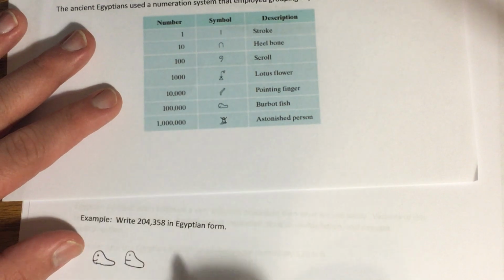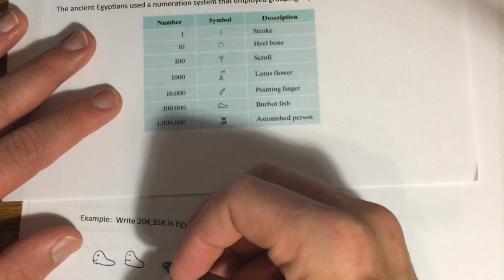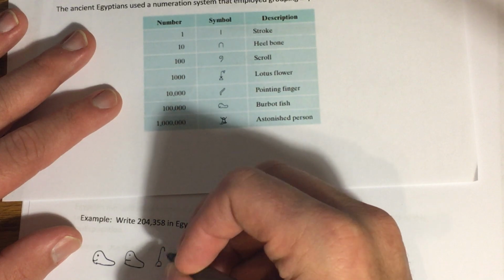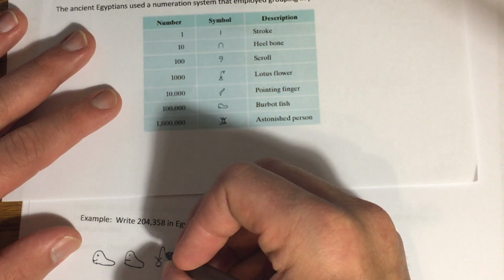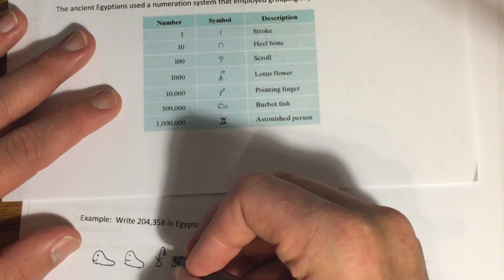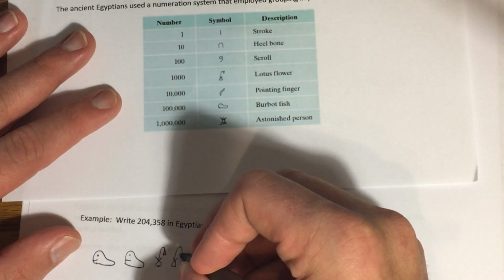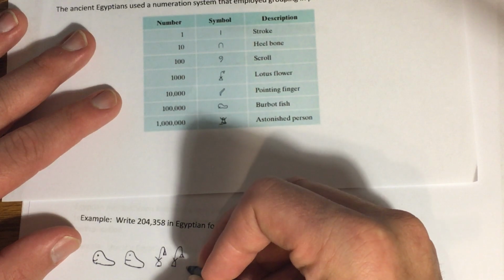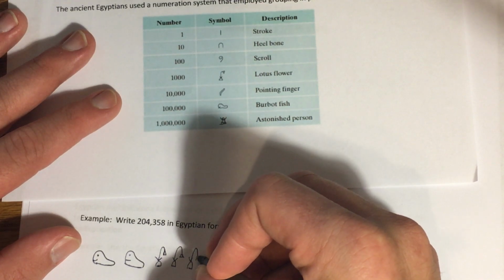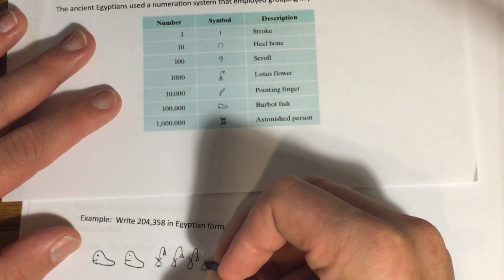4,000. That's the lotus flower, so I need 4 of those. So they kind of look like this. I need 4. 1, 2, 3, 4.